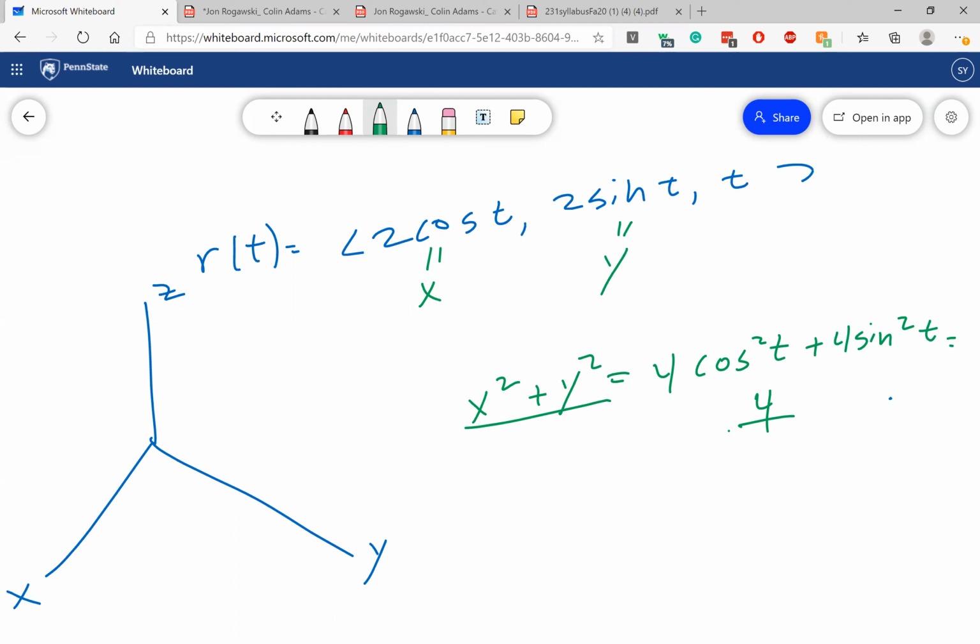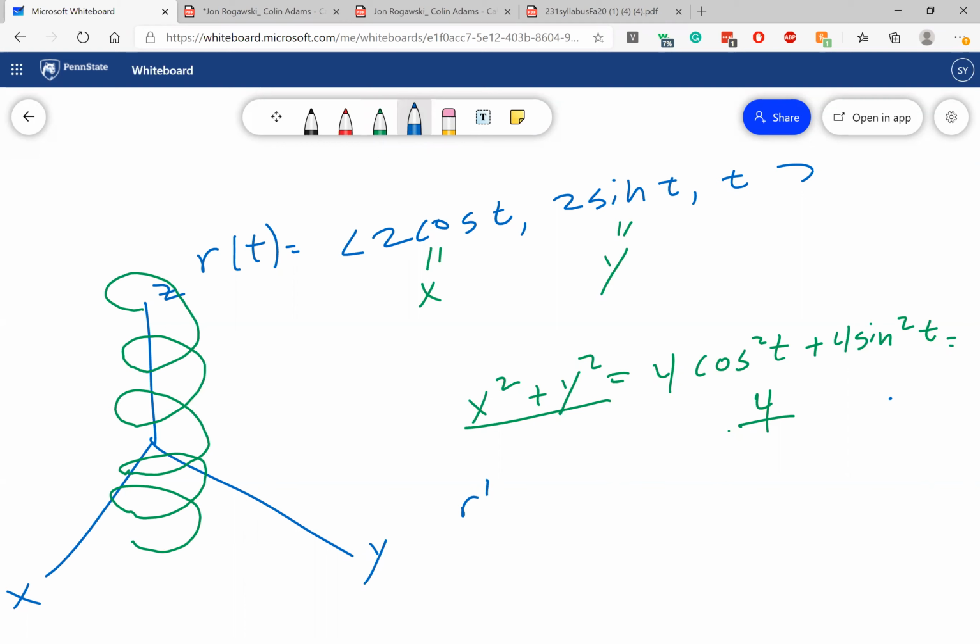But because the t is not 0, you can actually think about this as a helix. So here's our helix. And it also does the same thing going down. Okay, perfect. Now we want to know the normal vector of this helix. So let's first find r prime of t.